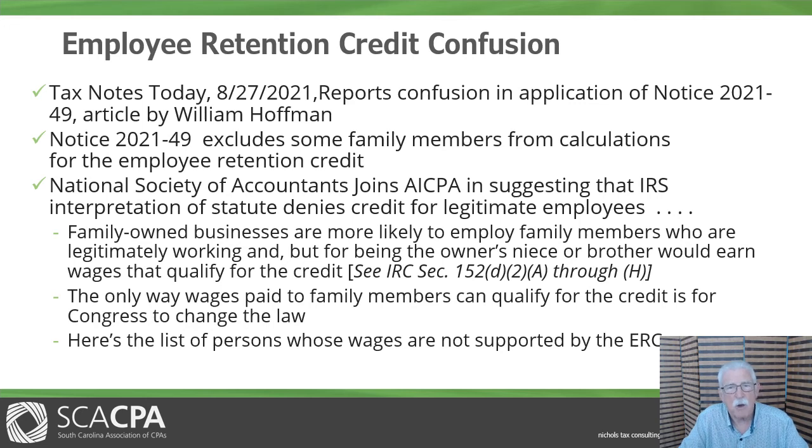Family-owned businesses are more likely to employ family members who are legitimately working, and but for being the owner's niece or the owner's brother, would earn wages that qualify for the employee retention credit. The only way wages paid to family members can qualify for the credit now is for Congress to change the law. That's what the IRS says. They're not going to change their notice.